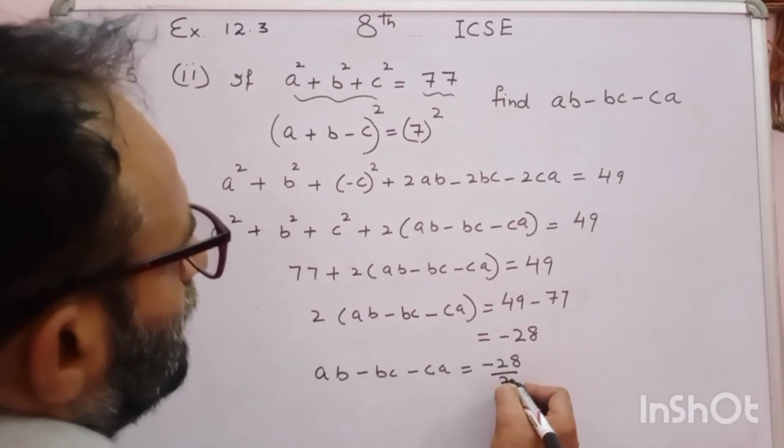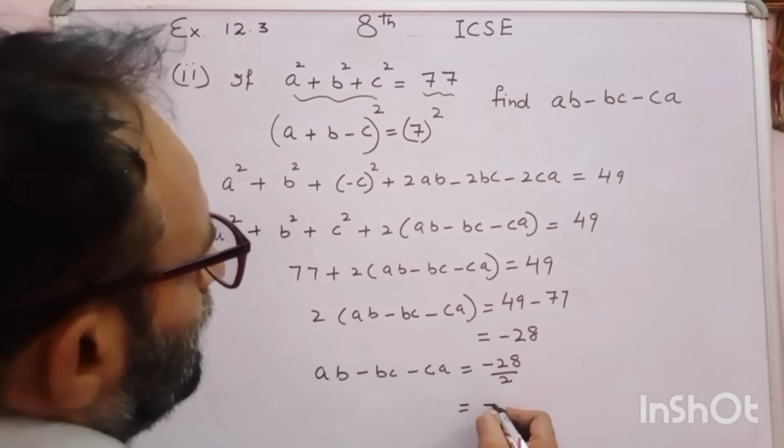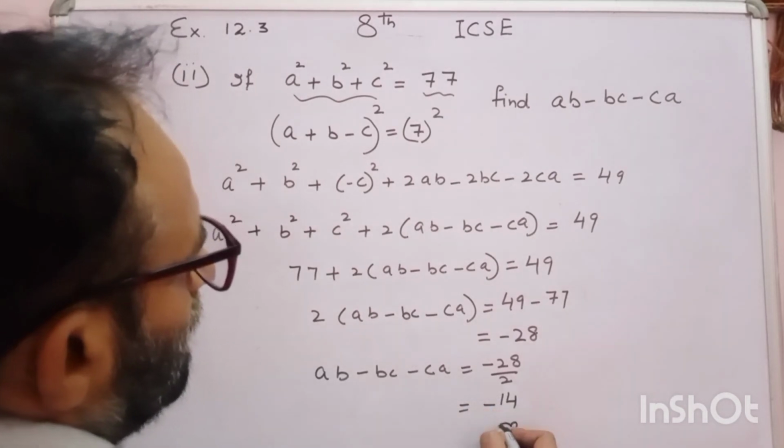This 2 will be divided on the other side and we get −14.